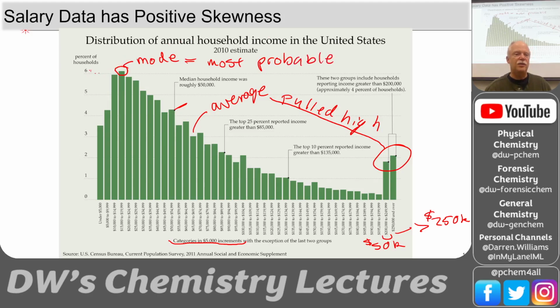Over 6% of households have that salary, and it's 15,000 to 20,000. That's depressing. But anyway, that's the most probable, right? These are all probabilities, percent of households, and that's over 6%. None of the others are above 6%. So that mode is the one we would say is the most probable.